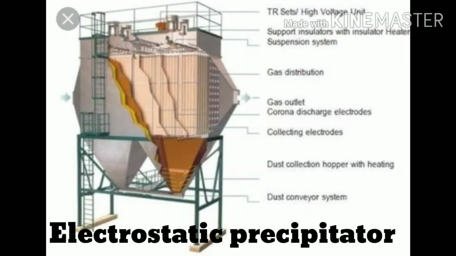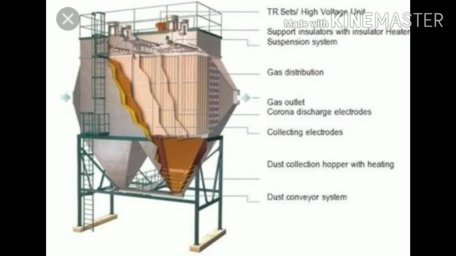Next is electrostatic precipitator. In the fourth point of content analysis in brief, effluents from industries are treated by ESPs or electrostatic precipitation. What does it mean? It is a device to control air pollution.